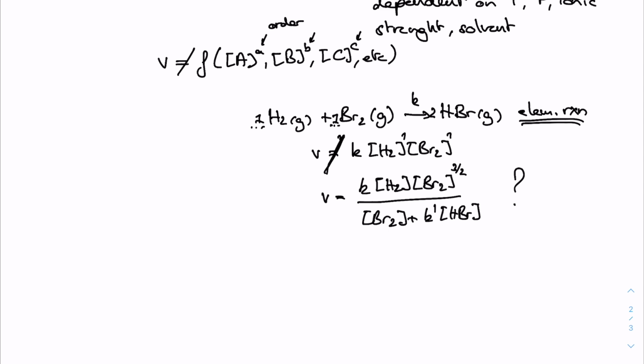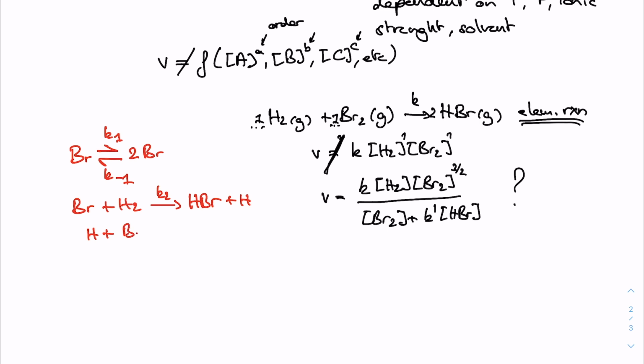So very briefly, just as a side note, you actually first have an equilibrium where you have a forward rate K1 and a backward rate K minus 1. And then after this equilibrium, you have the first reaction that goes like that, and that's followed by this reaction plus Br, right?